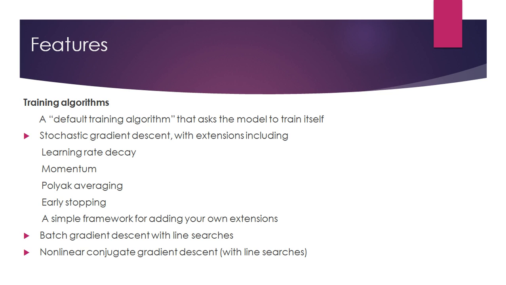Training algorithms include learning rate decay, because the learning rate fixes how we learn, and gradient descent, where we have to find the optimal position.